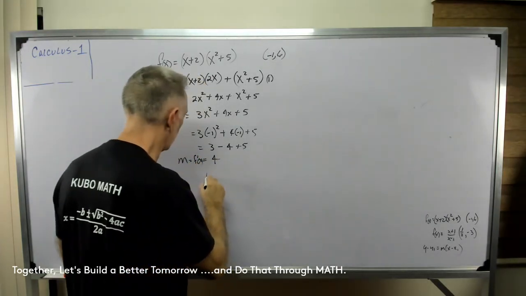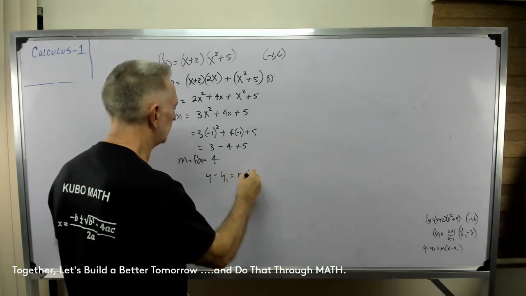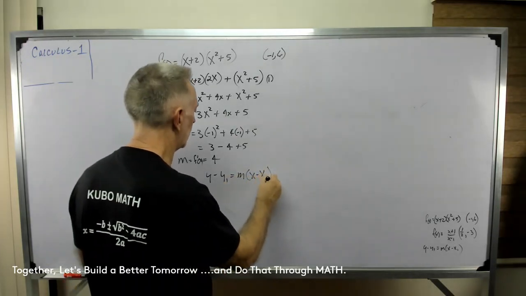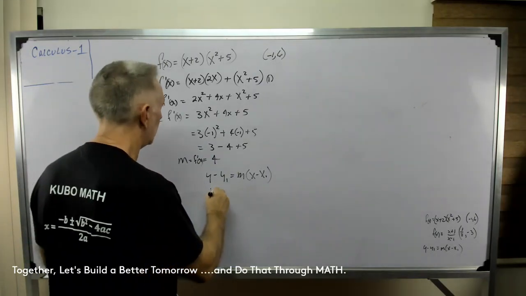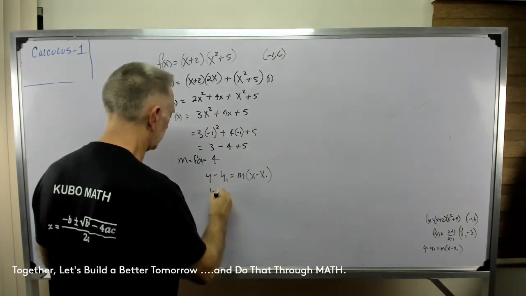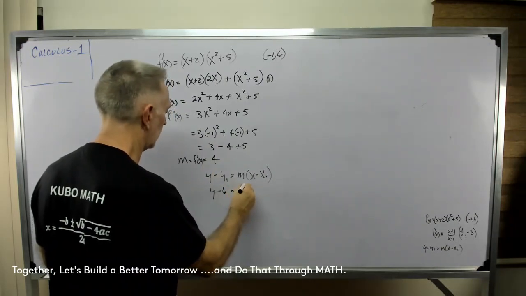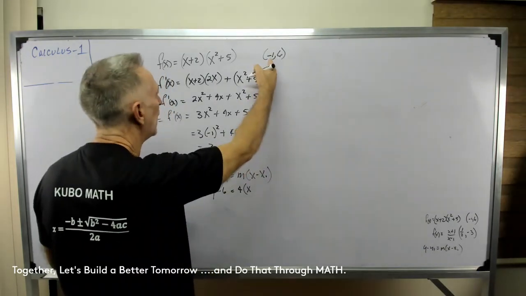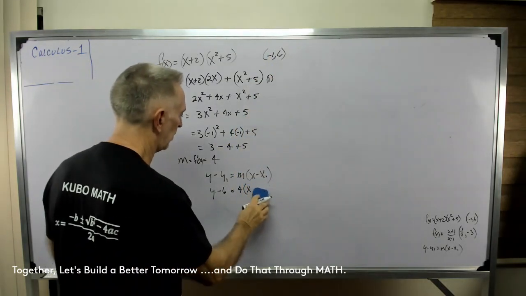Now, if I take the point slope formula, y minus y sub 1 equals m times x minus x sub 1. Okay, so y minus 6 equals 4, which is my slope, times x minus a -1. Well, minus a negative is plus a positive.